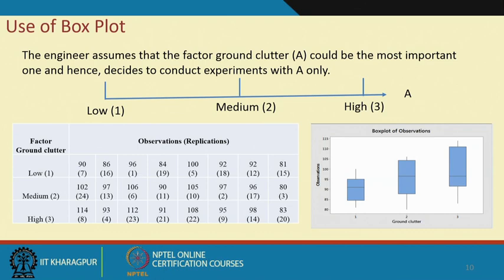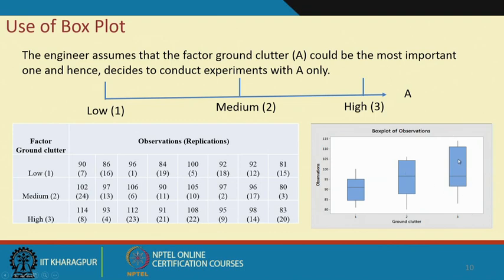This is one. The second interesting phenomenon is the variability, which is represented by the length of the box. See, when ground clutter is at low level, this length is smaller compared to the medium ground clutter level, and compared to the high ground clutter level.